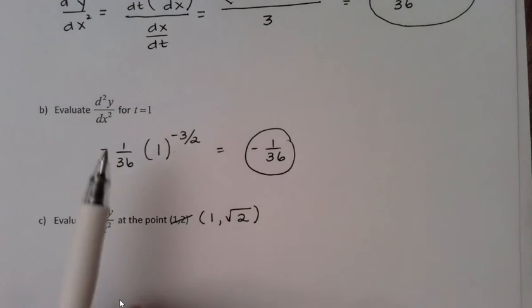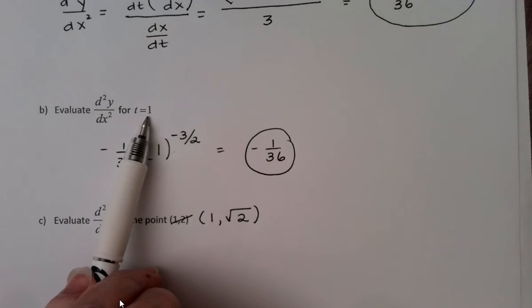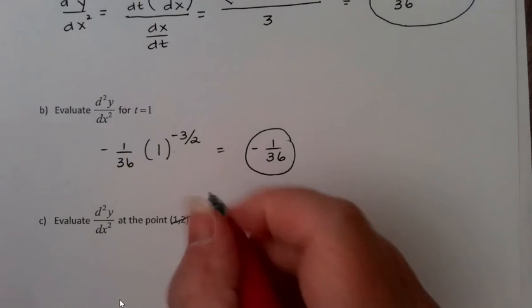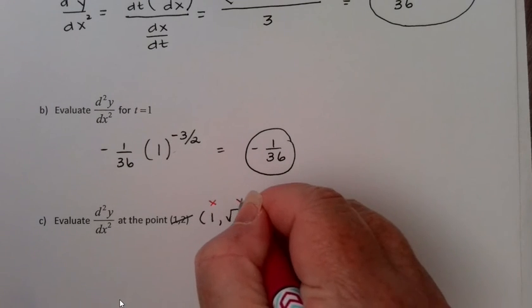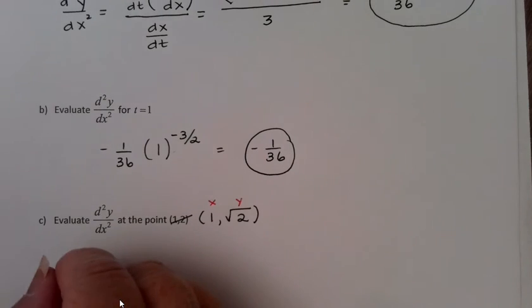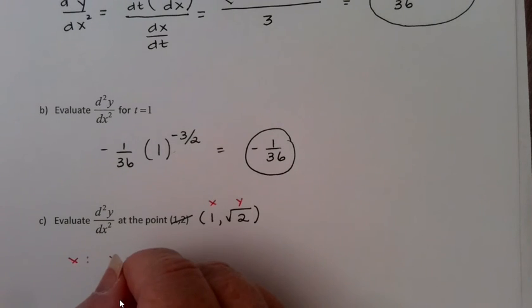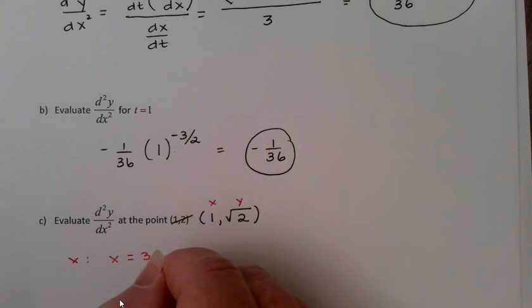All right, unlike up here where I already knew the t value and all I had to do was plug it in, this time I know an x and a y. So I'll have to use those to get t in order to plug into my second derivative. So here's x, here's y, and it's back up at the top, but I'll just remind you the x equation. x equals 3t minus 5.